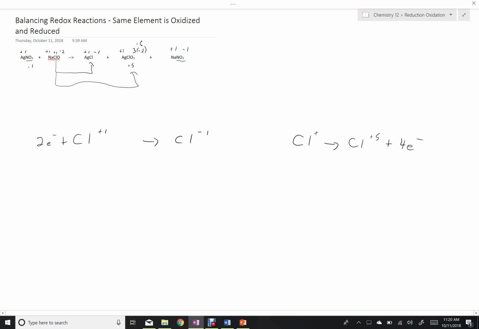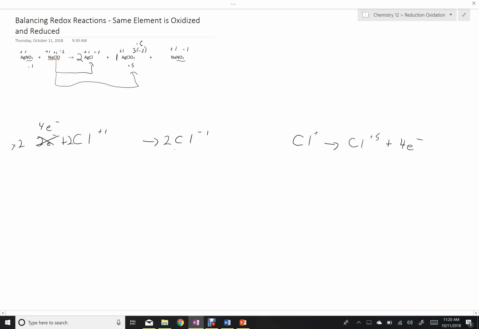And what that means then is I'm going to multiply this one by 2 to make my 2 electrons match my 4 electrons. So 2 times 2 is 4 electrons, 2 Cl plus, 2 Cl minus. Now, this Cl minus is associated with this Cl minus, so I can put this 2 right here. And this Cl plus 5 is associated with this Cl plus 5, so I can put my 1 right there.